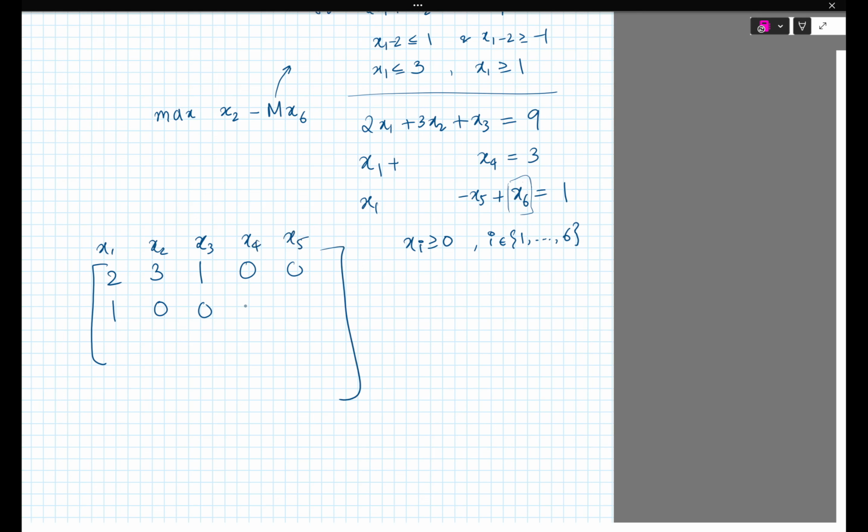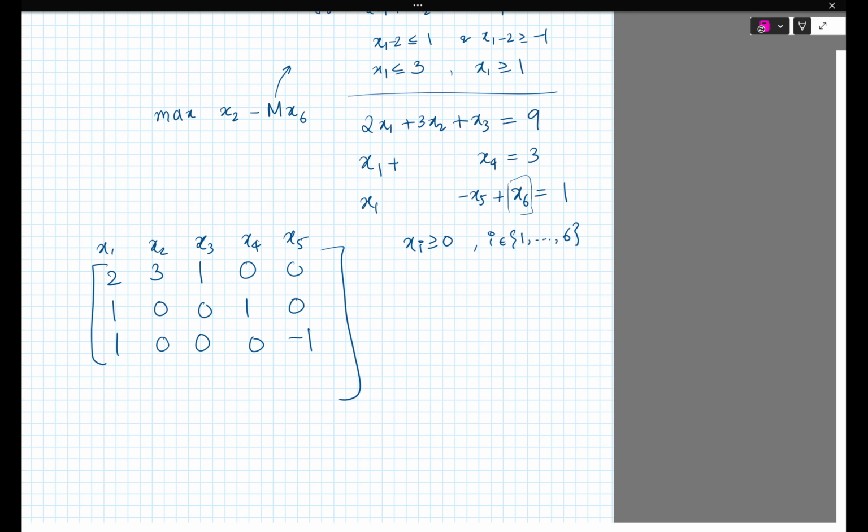This 1 0 0 1 0 1 0 0 0 minus 1. But we need x6, right?